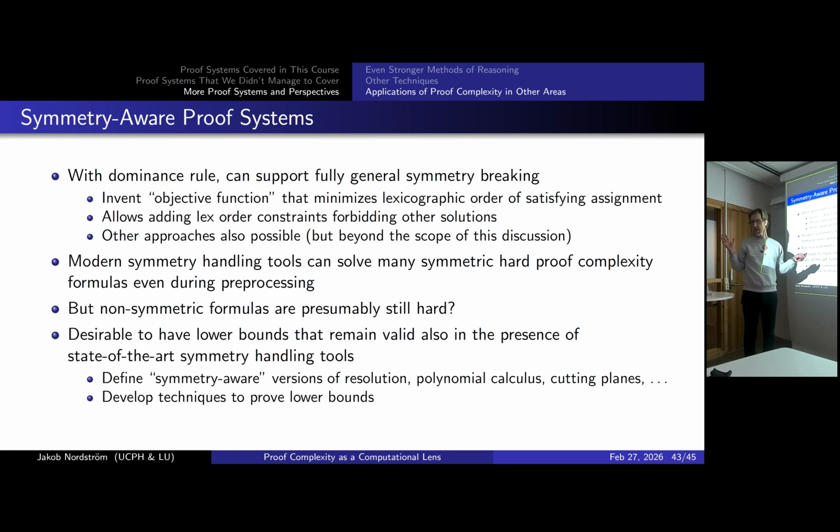Either F is unsat, and then I will be able to prove unsatisfiability, or else I find that lexicographically smallest assignment. But I didn't change the satisfiability status. But since I invent this objective in my head, I can now apply this dominance rule, as it's called, which allows me to do fully general symmetry breaking.